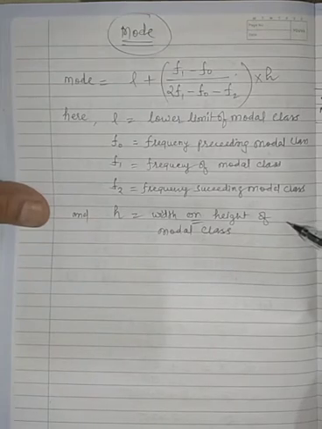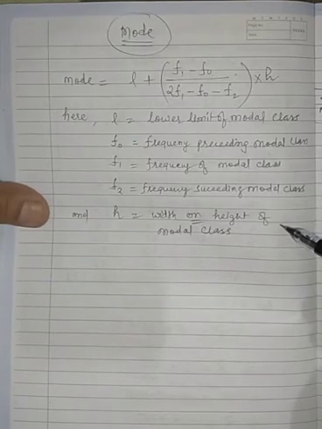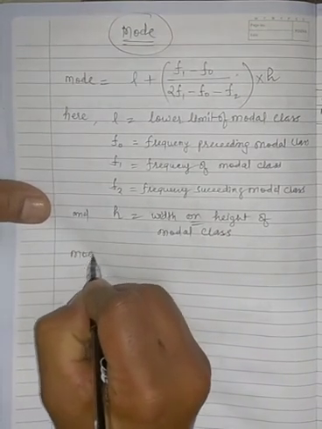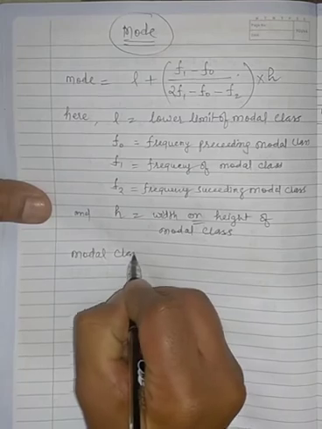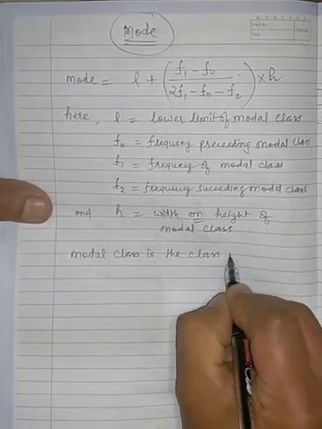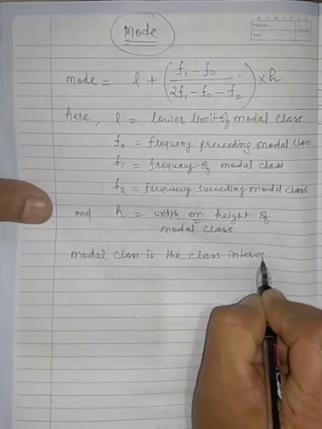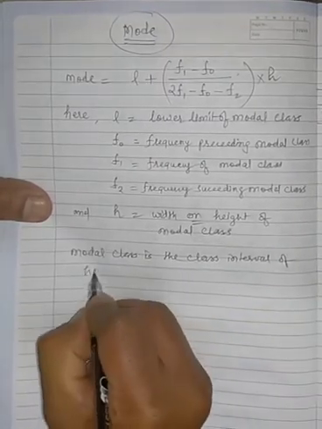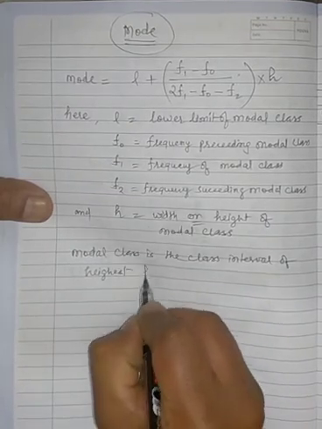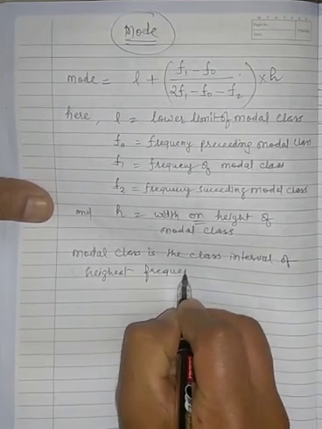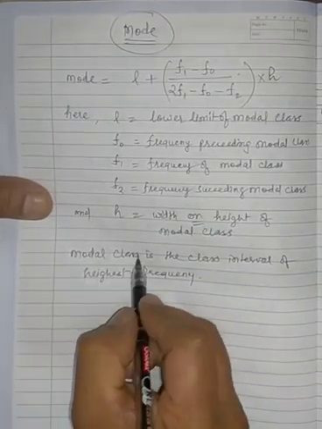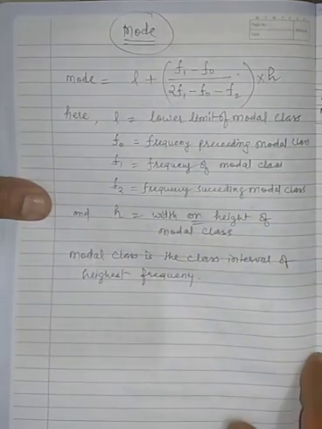So modal class is the class interval of highest frequency, and from that modal class only we collect the value of L, lower limit.